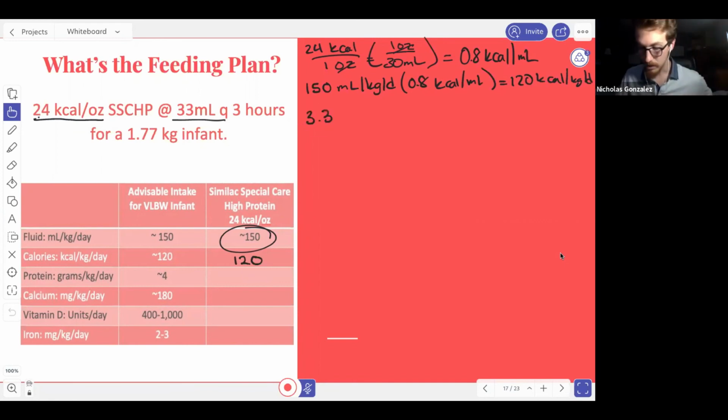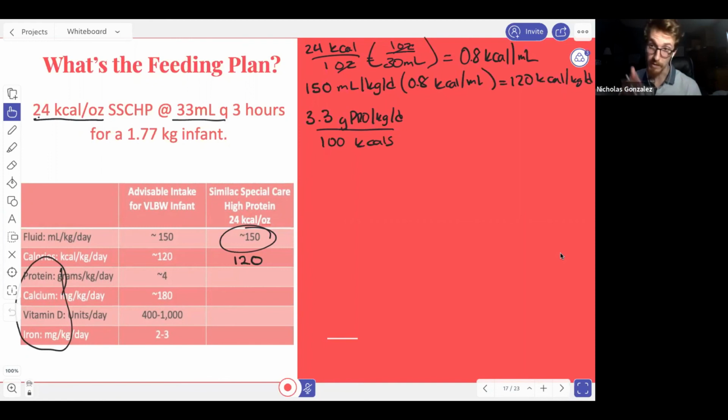Here we're going to do a proportion: 3.3 grams of protein per 100 kcals. You might be wondering where I got this information. For the protein, calcium, vitamin D, and iron, we got this from the Similac website.